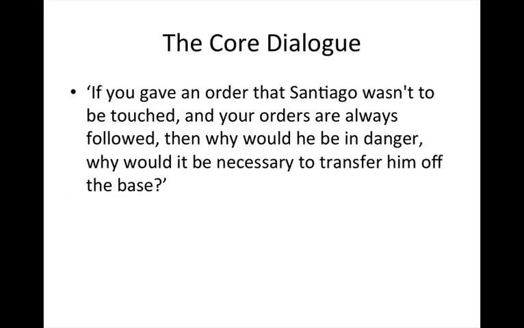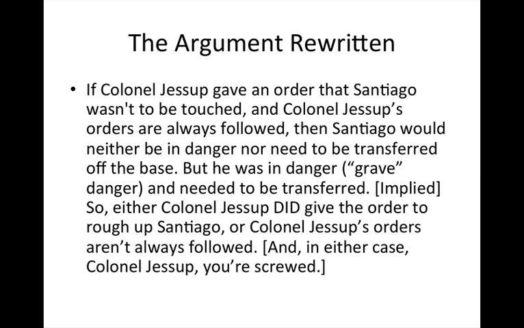The core dialogue that we want to focus on for the purpose of demonstrating setting up your derivation using negation intro is this question: necessary to transfer him off the base. I've rewritten the argument this way. It's a little bit fleshed out so that we can see the structure of it more clearly.